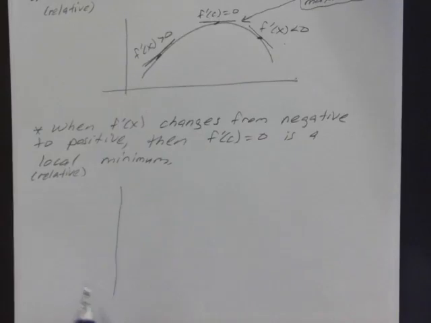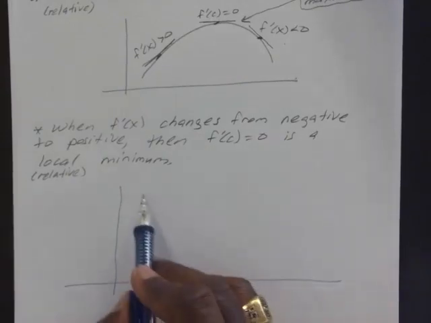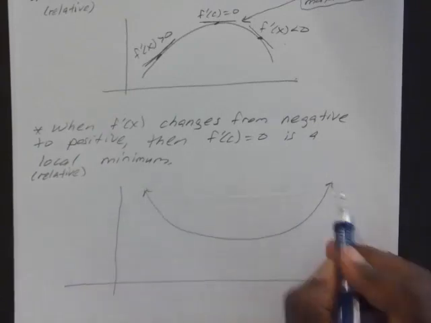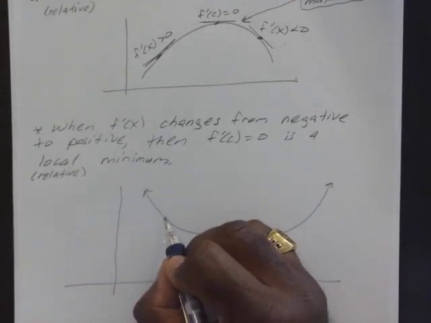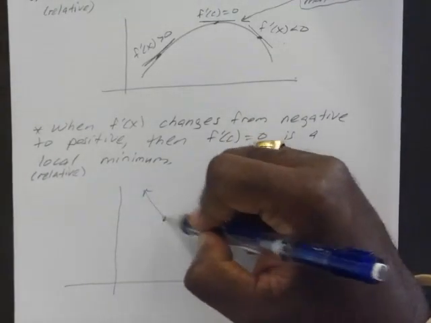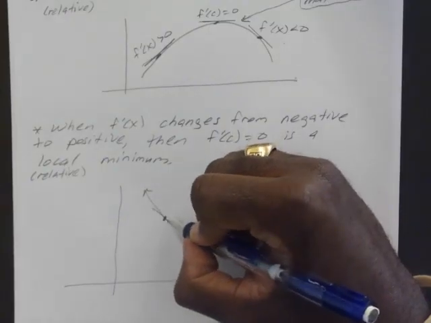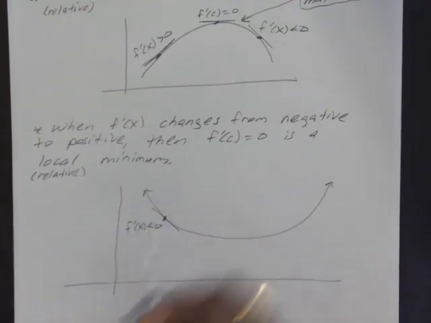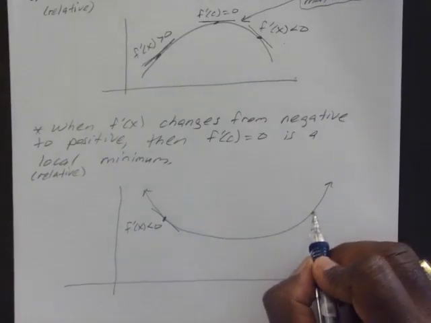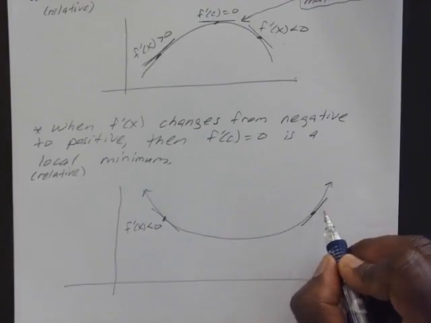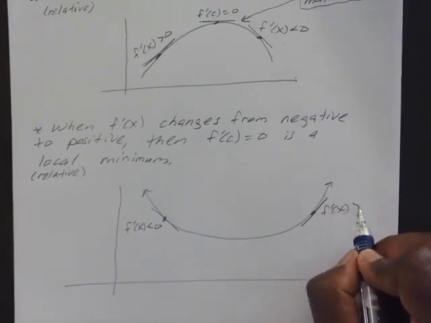Okay, so once again, just to help visualize it, let's say you have your function f of x, and we get the tangent line on this side, this is decreasing, so we know that the slope of the tangent line is negative. Whereas if we get a point on this side, it's increasing, so we know that the slope of the tangent line is positive.